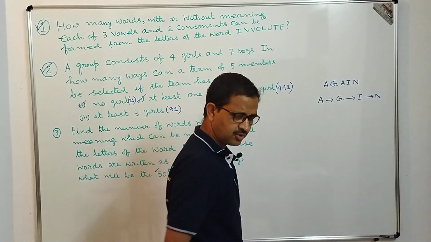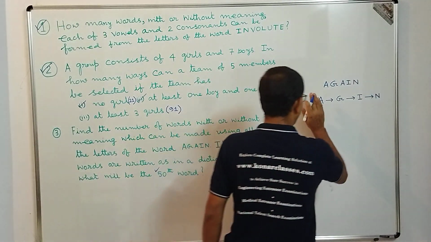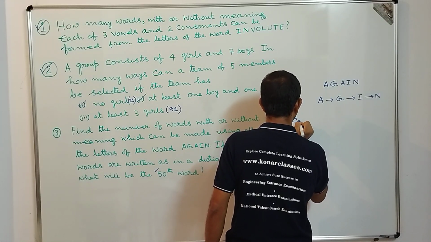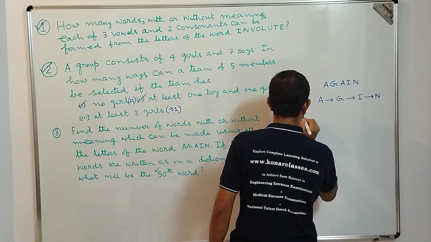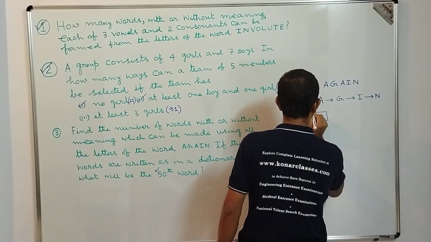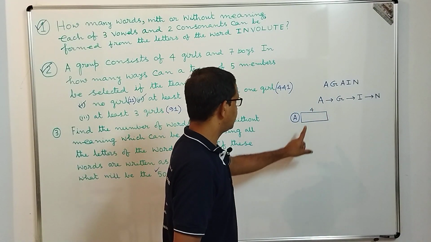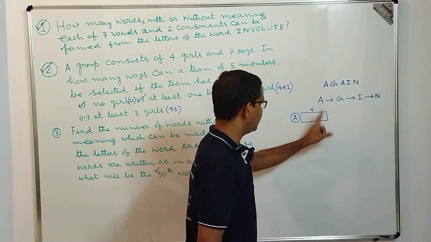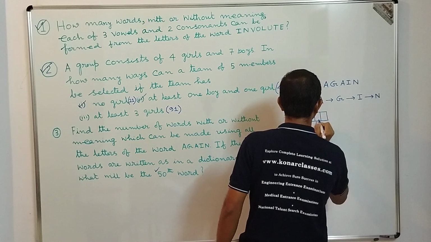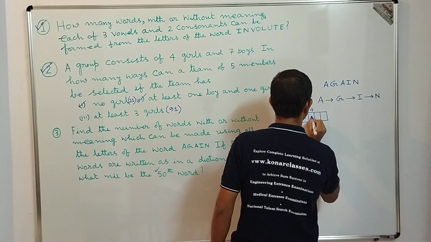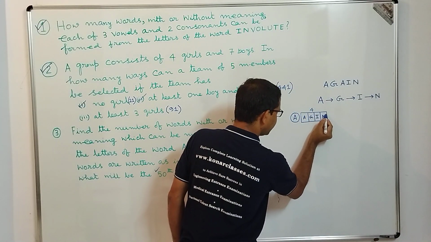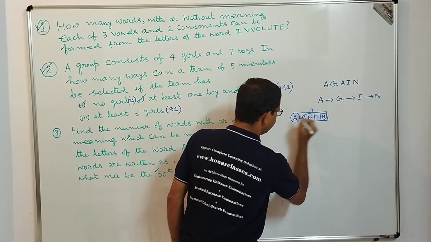So the first word will start with A, correct or not? The moment we fix that first letter as A, what are the remaining letters? There are 4 different letters, G, I, N, and A. Here it can come A, here G, here I, here N, and you can make an arrangement among all these 4.